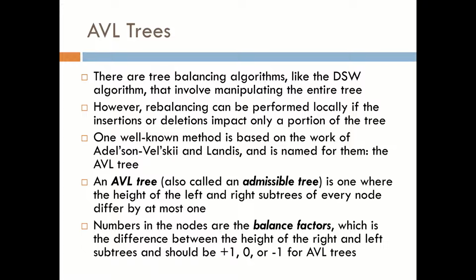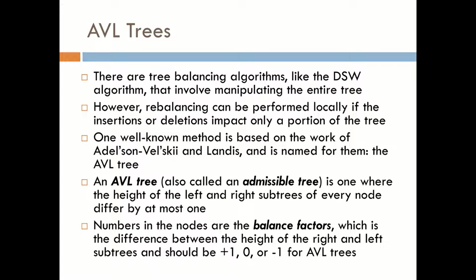If our data structure is a rather large tree, this is problematic because we may be manipulating nodes that are largely imbalanced, and yet we're having to look at every one of them.